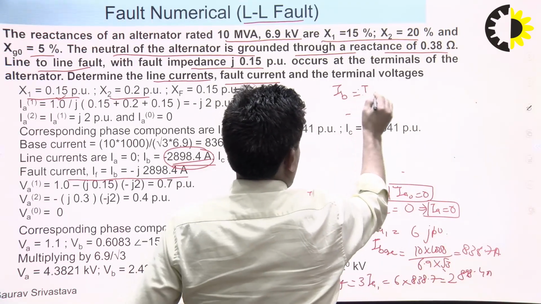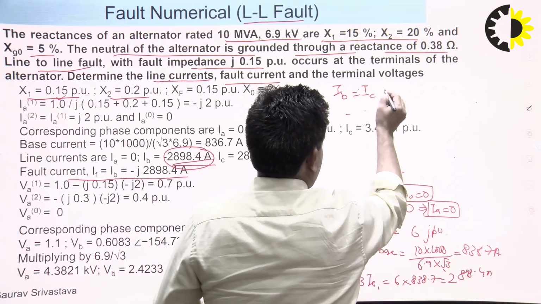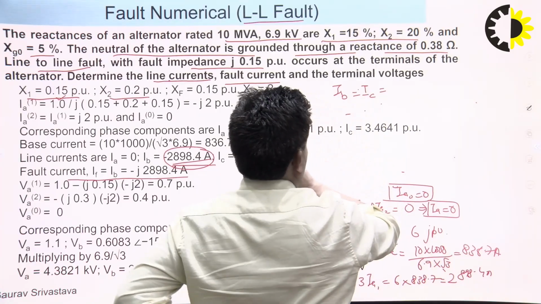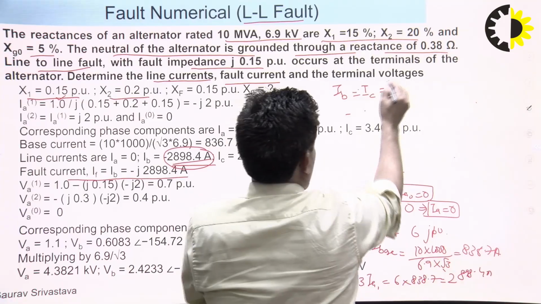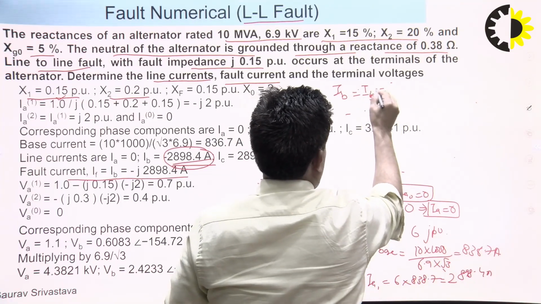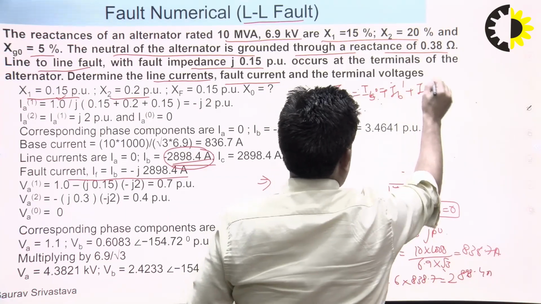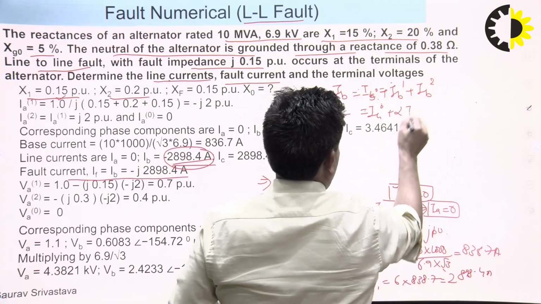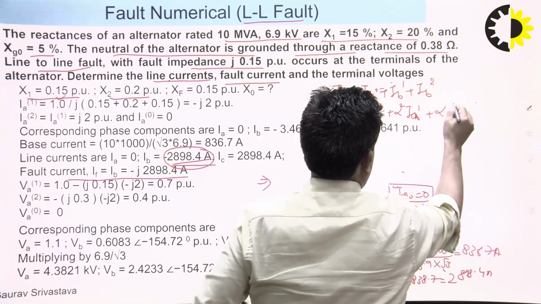IB is equal to IC, when the fault impedance is 0. Then IB you can find out as IB naught plus IB1 plus IB2, that becomes IA naught plus alpha square IA1 plus alpha IA2.